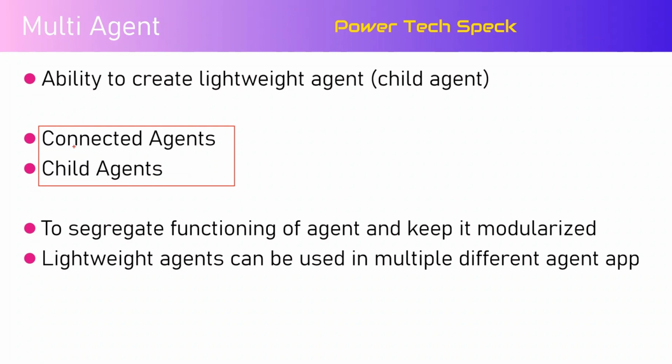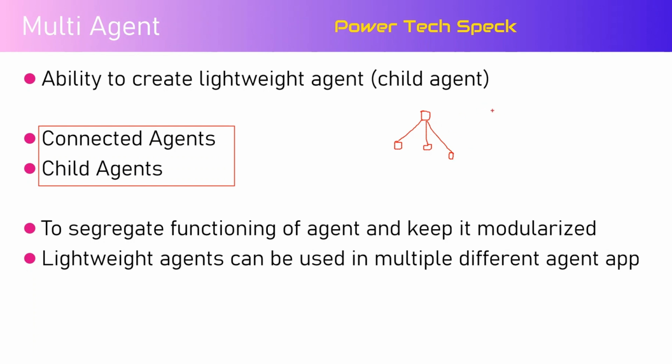But the important thing to note is that you will have the ability to create a lightweight agent, or what we call a child agent, in Copilot Studio. Now, when I say child agents, it means that for an agent you create, you can have, say, one child, two child, three child, and multiple child agents connected.